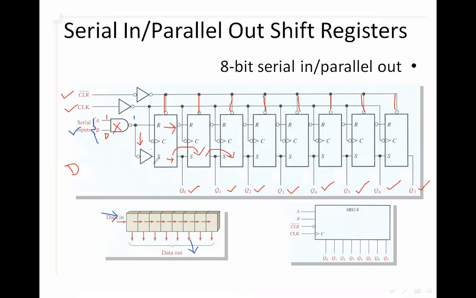To get this complexity into a simple thing, we make an IC. You will have just inputs A and B, then your clear, clock, and then your outputs. This is using your SR flip-flop.